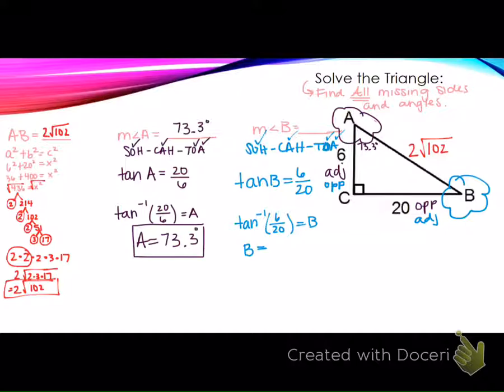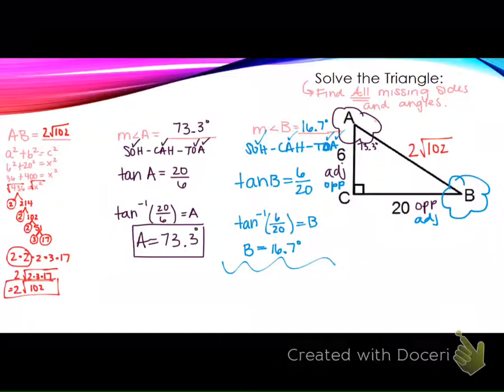What did you get? 16.7? Okay. How else could I have done this without trigonometry? Without trig? Are you doing without trig, Alexi? What did you do? I added 73.3 and 90.